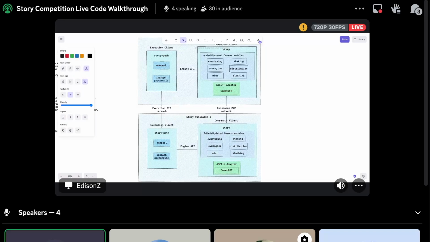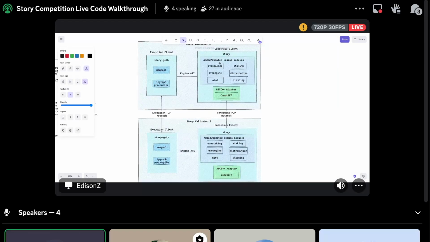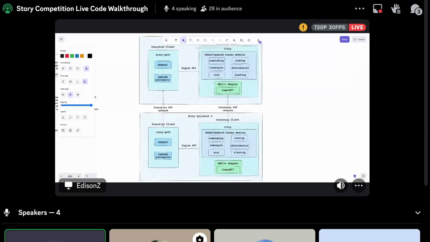We are also using Cosmos SDK and CometBFT as the consensus layer. CometBFT is basically the Tendermint consensus algorithm, and on top of that, we forked the Cosmos SDK to add a few customized Cosmos modules and also update some of the existing modules.